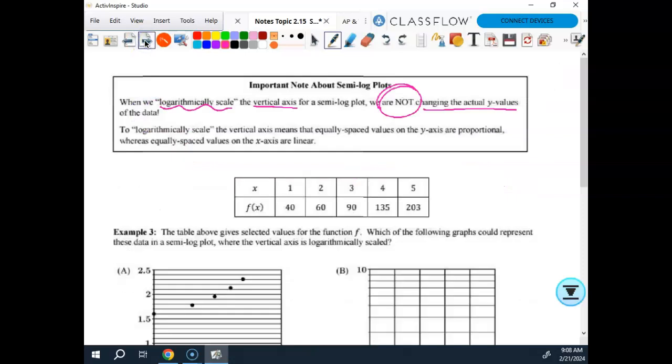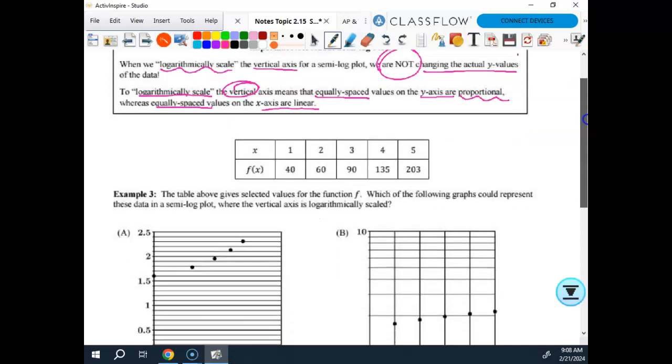So to logarithmically scale the vertical axis means that the equally spaced values on the y-axis are now proportional. So I kind of already said that. Instead, we're used to having them equally spaced, but now they're proportional. Whereas the equally spaced values on the x-axis are linear, and they're equally spaced like we're used to them being. Okay. Now again, on this question, there are lots of different ways to look through it, but we're still going to talk through every single answer here.